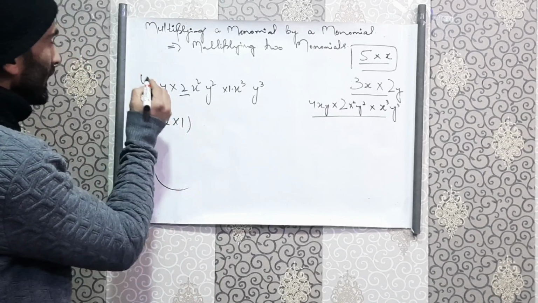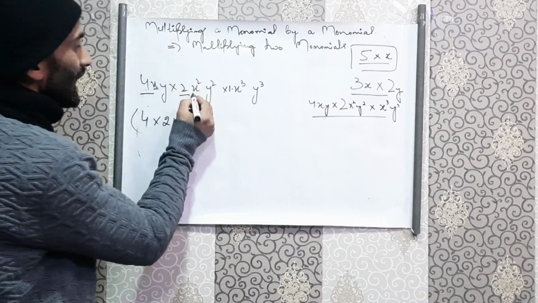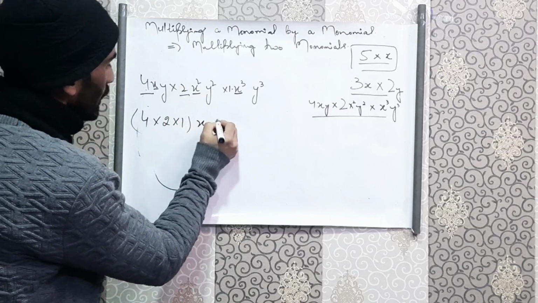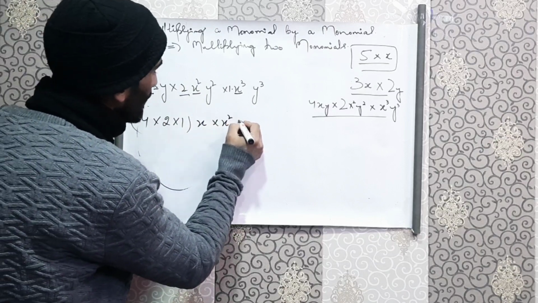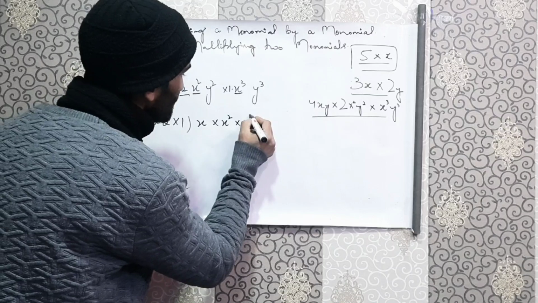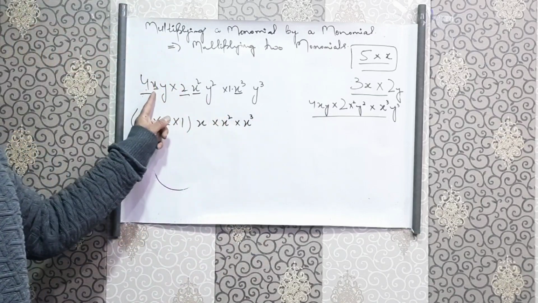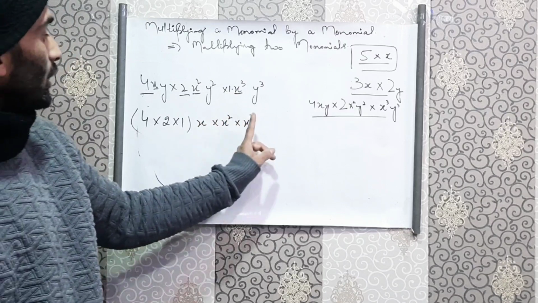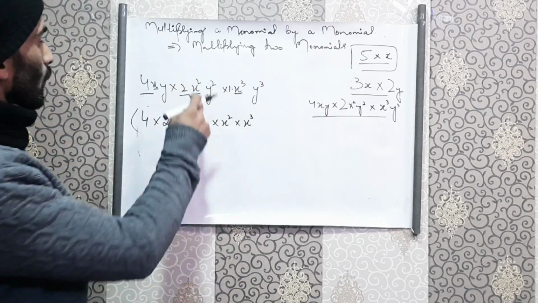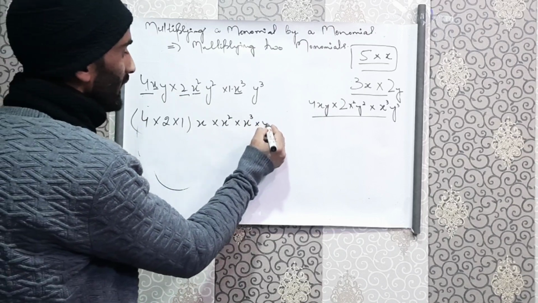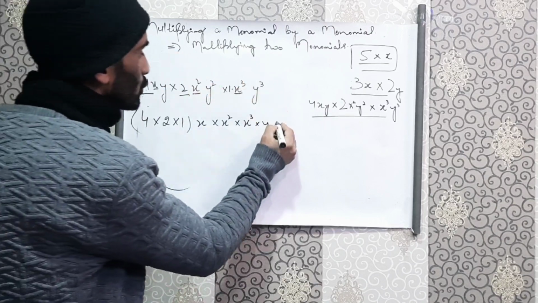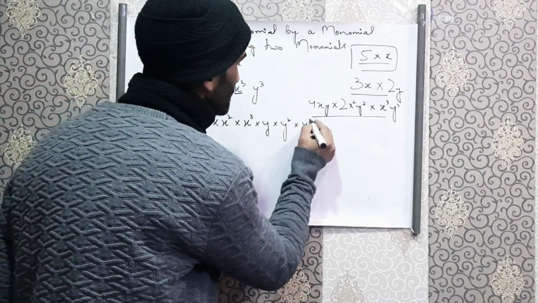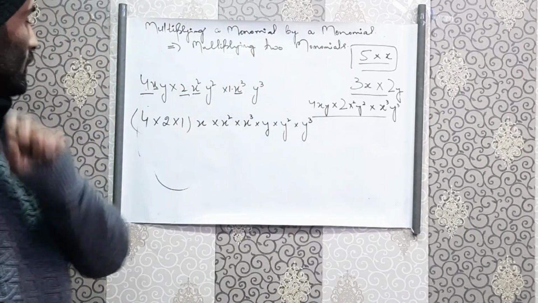Now for the variables: here is x, here is x square, here is x cube, meaning x into x square into x cube. And then here it is y, here y square, here y cube.